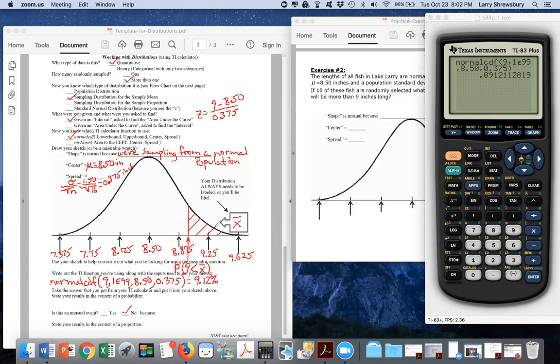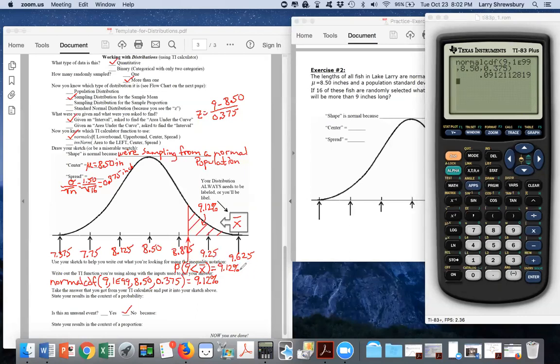Now, before I show you the nice tidy version, here's what I want you to do. That's 9.12%. Might even impress upon yourself that that area right there is the 9.12%. So the probability that the sample mean will be greater than 9 inches is 9.12%, not unusual.